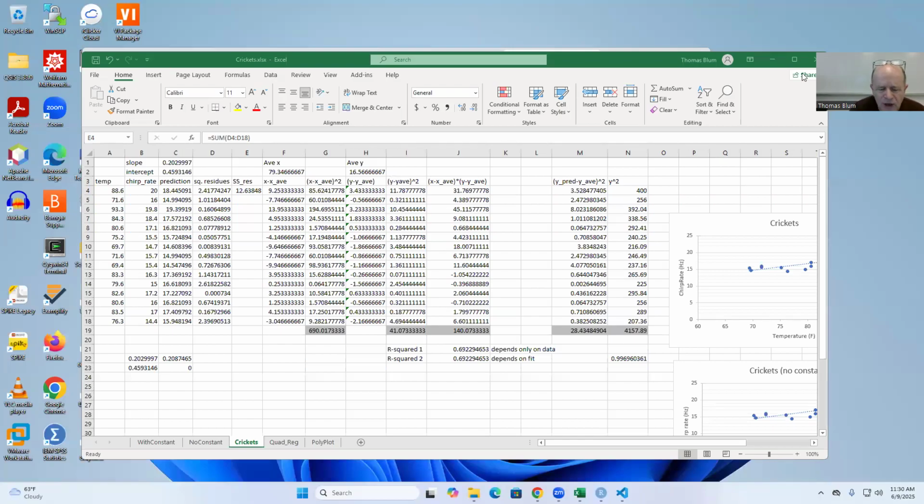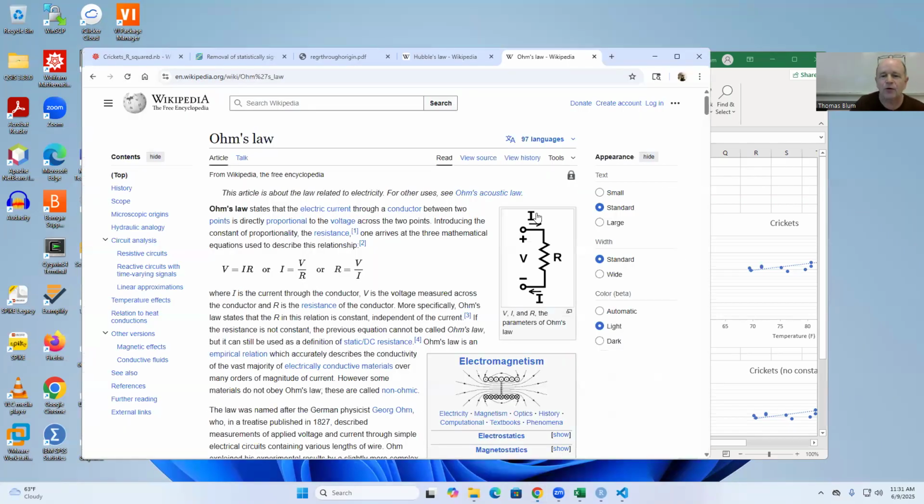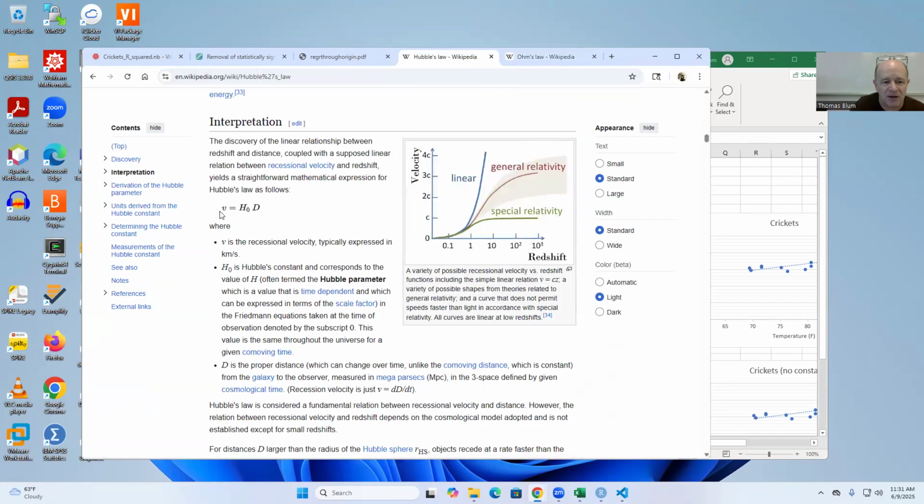In this video, I want to look at what happens to the R-squared measurement of a fit when we set the intercept, the constant, to 0. Now, there are times physically that you want to do this, that you have a theory, say maybe Hubble's law, you have velocities and distances of objects from some point, say the Earth, and velocities that they're moving away from the Earth, and the simple theory here suggests that has no constant.